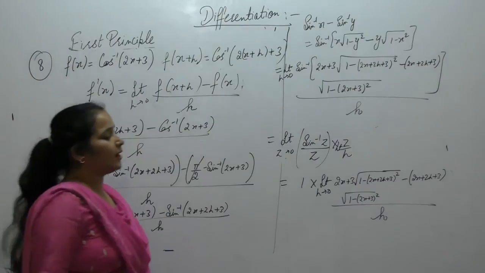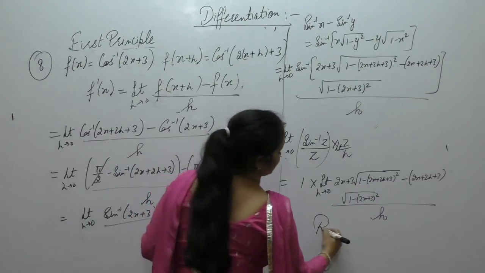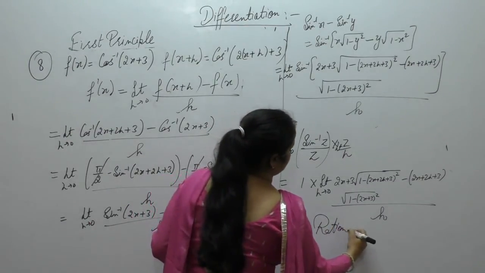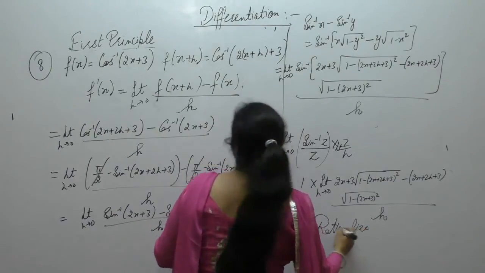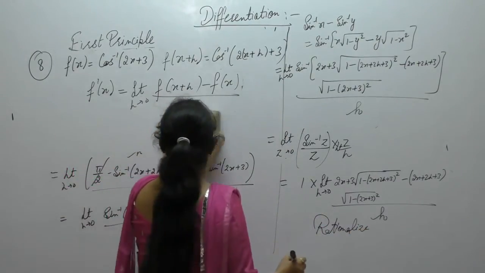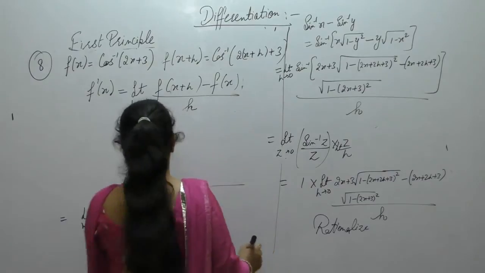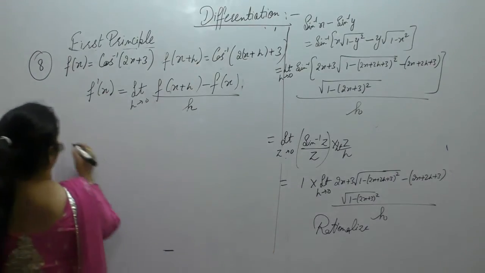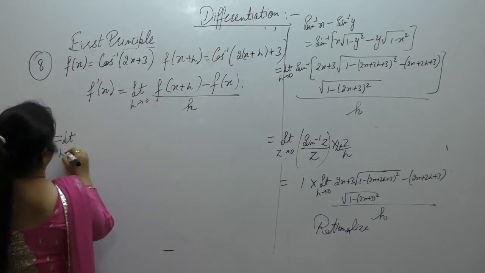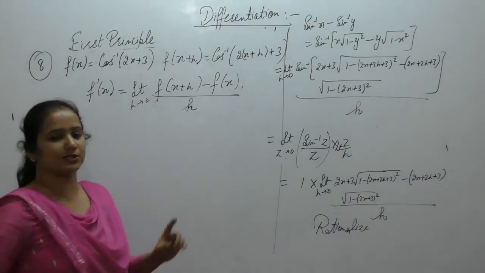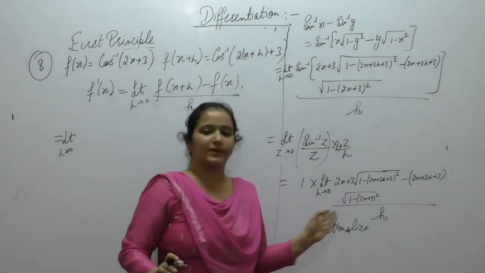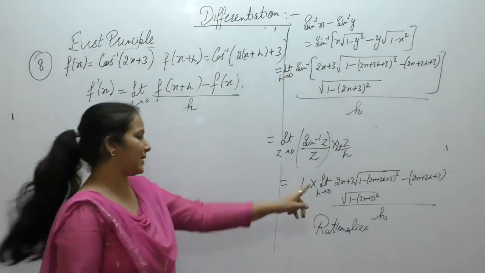So in the next step, what we have to do, rationalize this. So in the next step, we get limit h tends to 0. When we rationalize it, (a minus b)(a plus b) is a square minus b square.